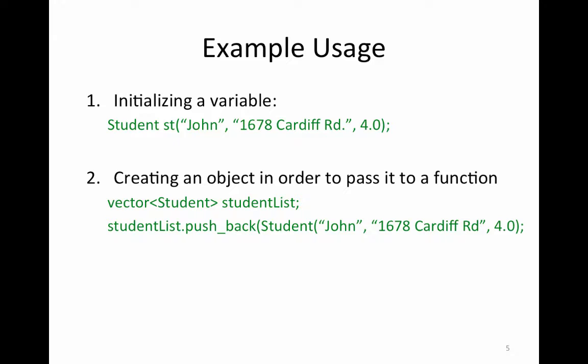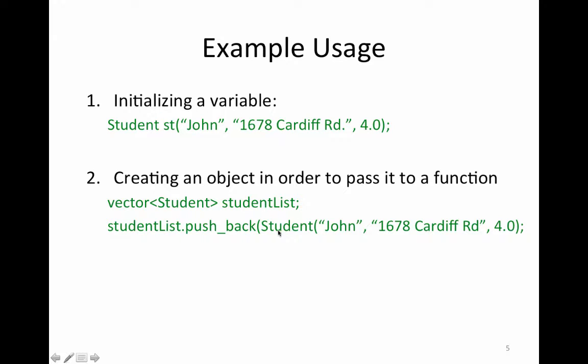Now, you can use a constructor in multiple ways. A constructor, remember, essentially is manufacturing an object for us. It's like a factory. So whenever we need to manufacture an object, we can use it. One time when we may want to manufacture an object is when we declare the variable, and then we may want to assign it some initial values. So that's one time.